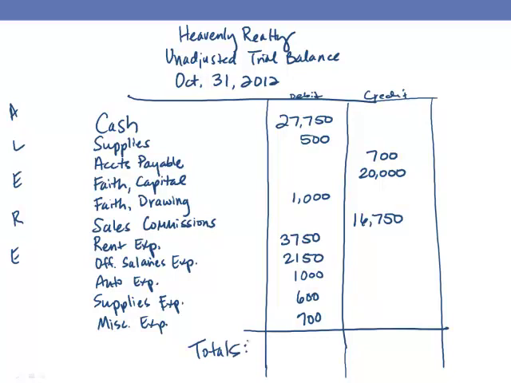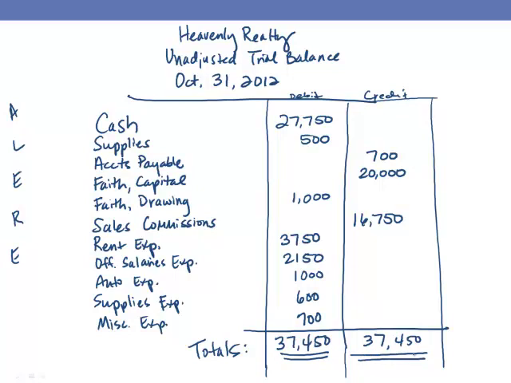Okay, get our totals. Okay, and we balance at $37,450.